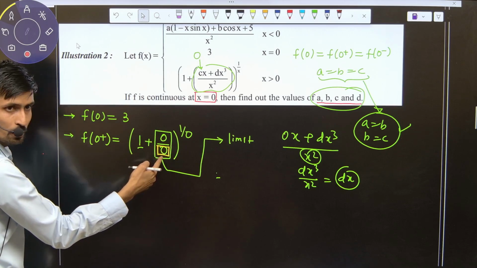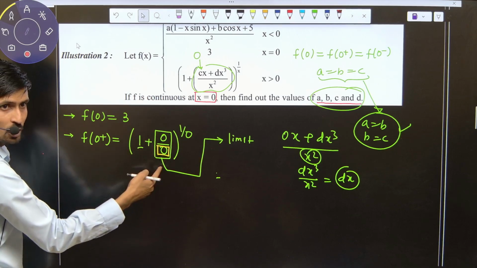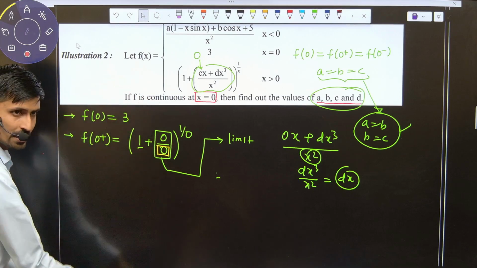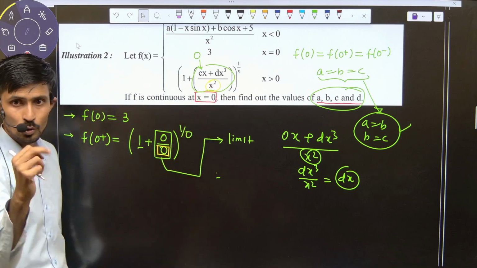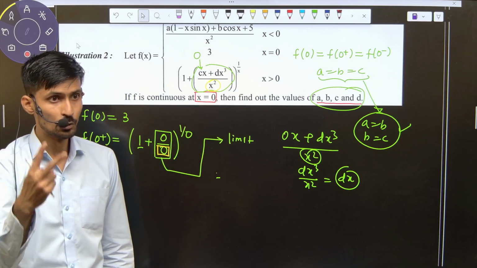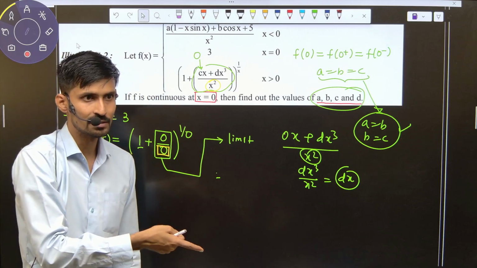If we remove this 0, suppose it becomes 1, 2, 3, 4, then tell me 0 by 1, 0 by 2, 0 by 3. So how many 0s are present in the denominator? 2 0s are present, 0 square. It means 2 0s should be in the numerator to get cancelled.